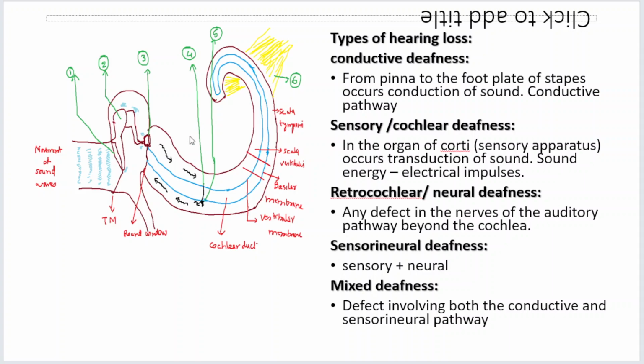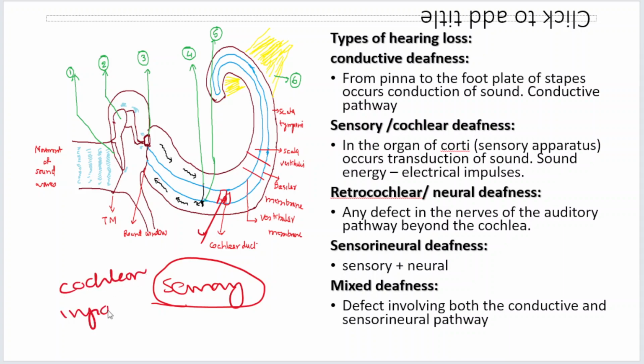That is, the sound energy is converted into electrical impulses by the hair cells of the cochlea. In a deaf mute child in whom the cochlea is not functioning, we can put a cochlear implant.